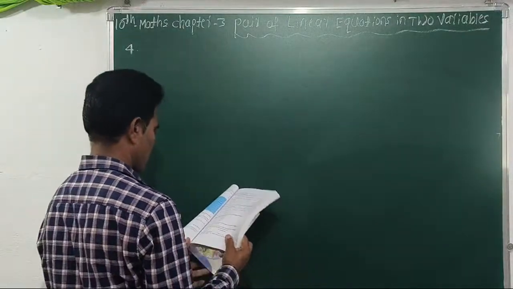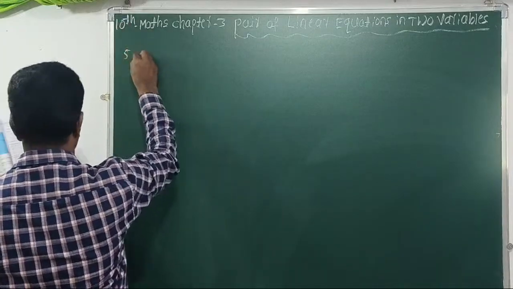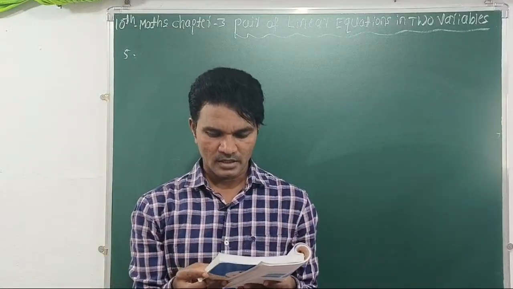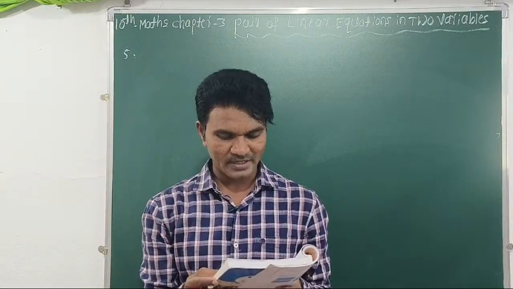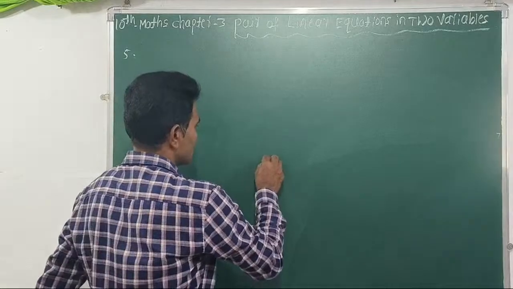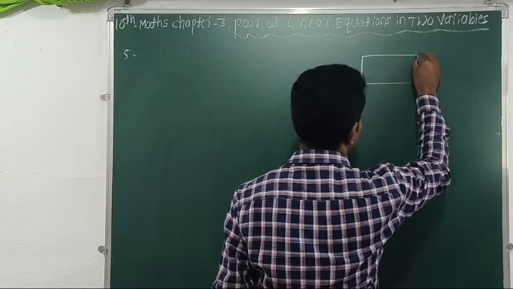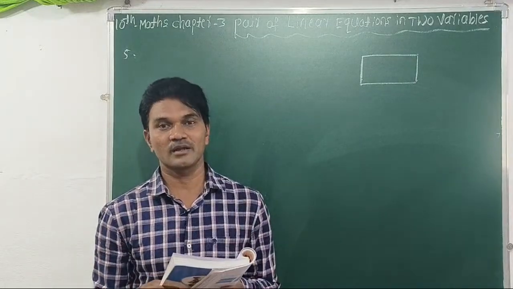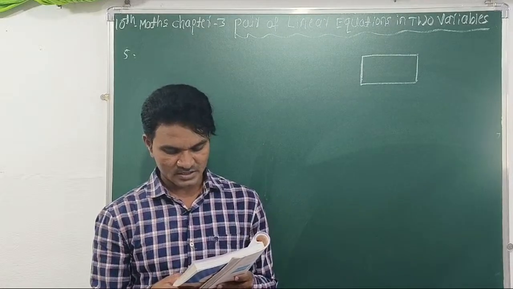Next question, the fifth one. Half of the perimeter of a rectangular garden whose length is 4 meters more than its width is 36 meters.